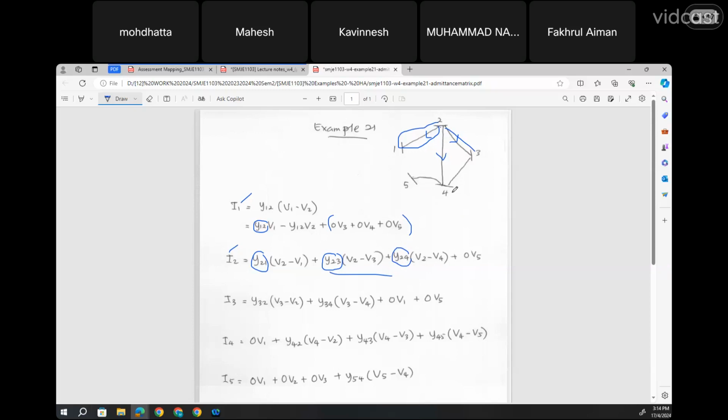And we have no connection to bus 5, so we keep it as 0 times V5. And the same goes for the other equations. If you go through this example or this equation, you might find, okay, this is how we get the equation.